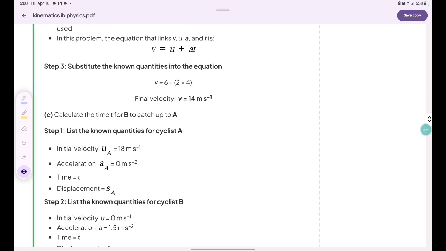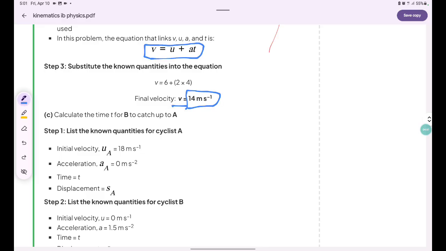Point C, calculate the time T for B to catch up to A. Step 1, list our known quantities. For cyclist A, initial velocity 18 meters per second, acceleration 0 meters per second squared, time T, displacement SA.